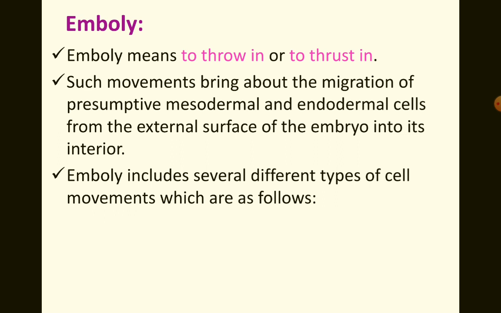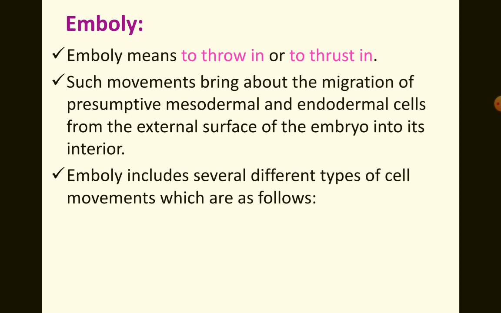When we learnt about fate maps of different organisms, we understood that you have these micromeres, the blastomeres in the gray crescent region and towards the vegetal pole, which form the presumptive mesodermal regions and the presumptive endodermal regions.